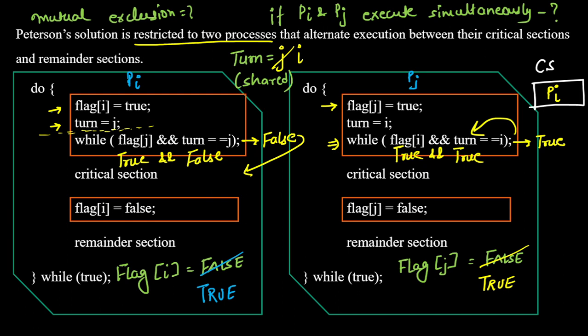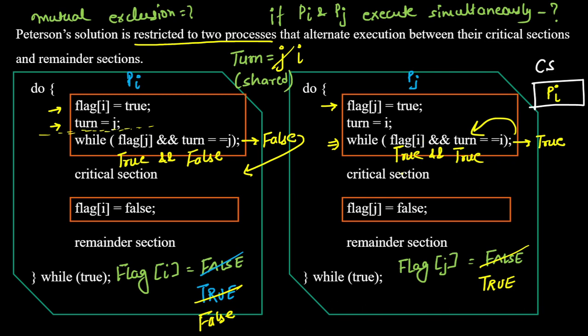So this is very well known to us that the Peterson solution follows mutual exclusion, it follows progress also. It is not that one process is stopping the other process from entering, and there is bounded wait also. Bounded wait means that you can stop a process only for a limited time, because you can see that as soon as pi came outside the critical section, it made flag of I false. So now if you check the condition again, what has flag of I become?